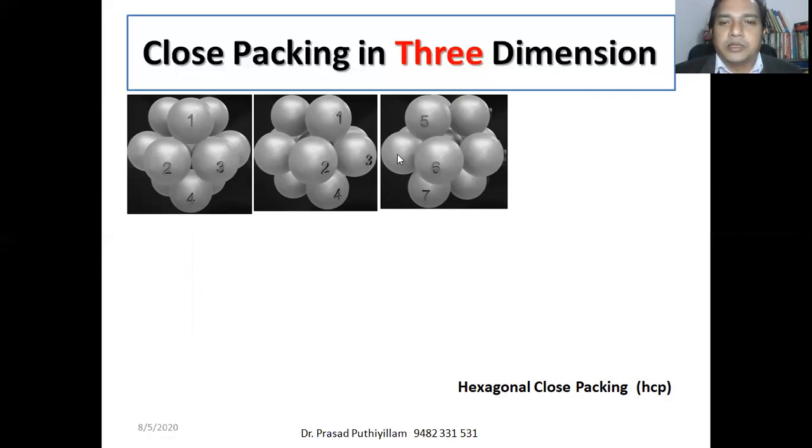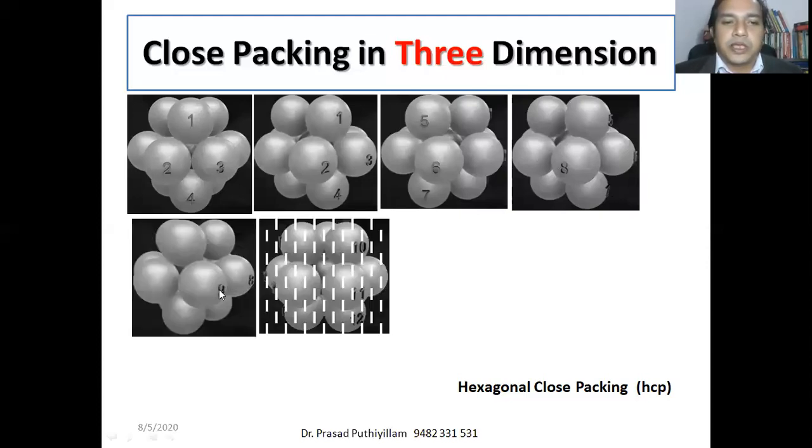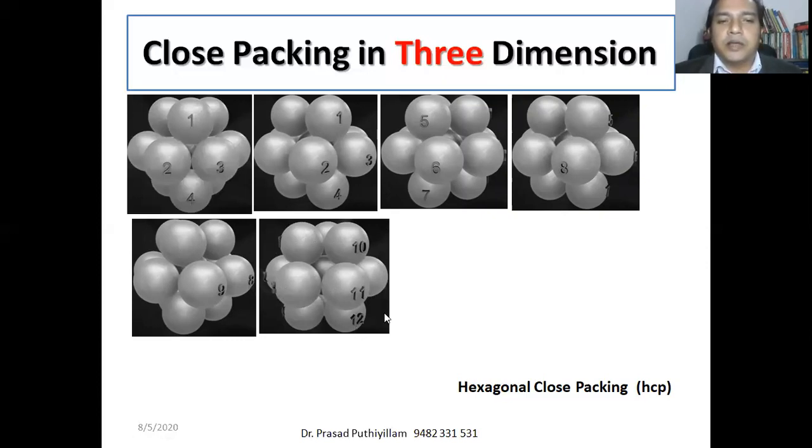Then this will be 8, then the ninth one, then 10, 11, 12. So there are a total of 12 atoms surrounding the central atom. Therefore the coordination number in hexagonal close packing is 12.